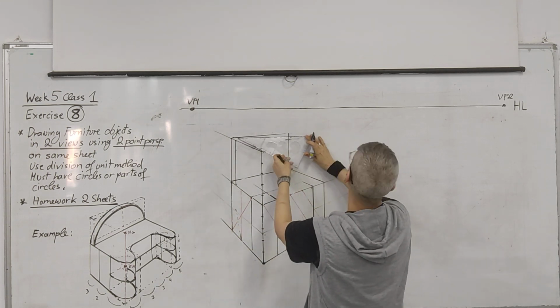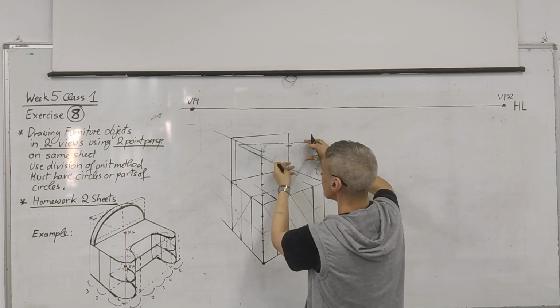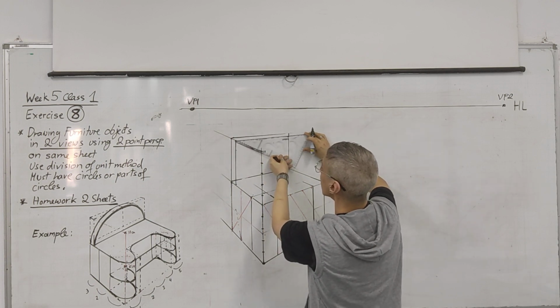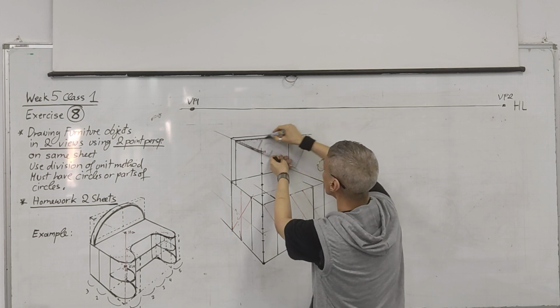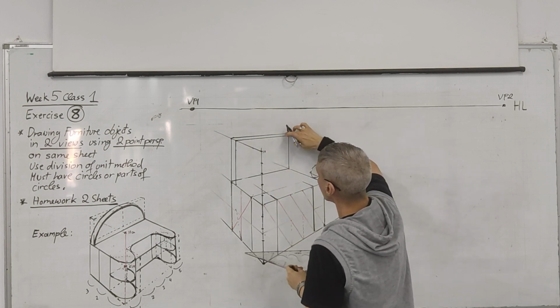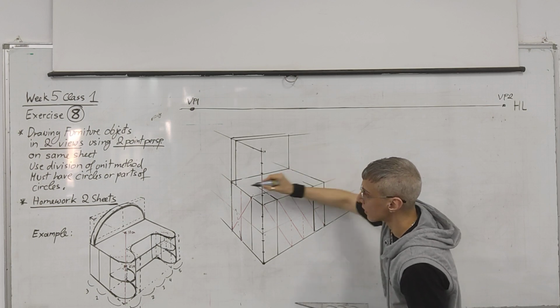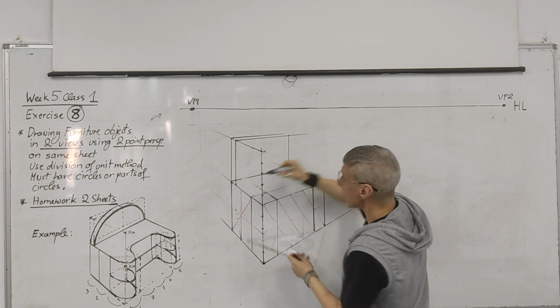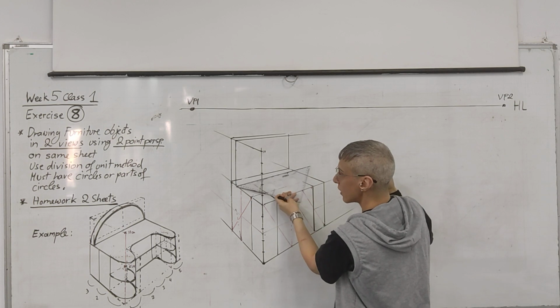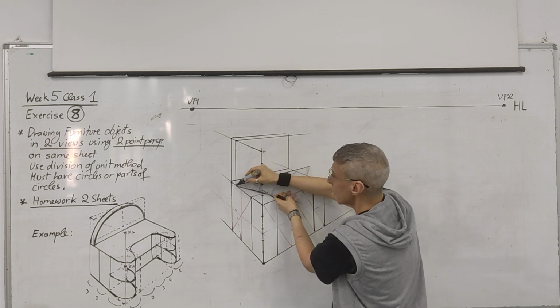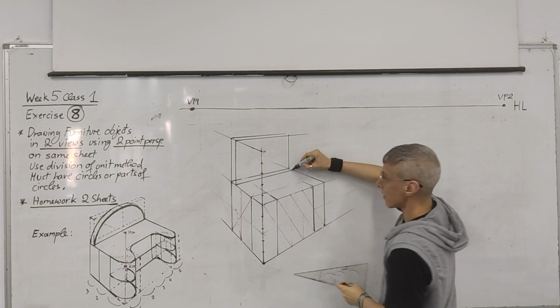And then from here to the other vanishing point. And where can we find this distance from here? It is already here. So we will take this point to the vanishing point, and it will tell you where it's going to be located here.